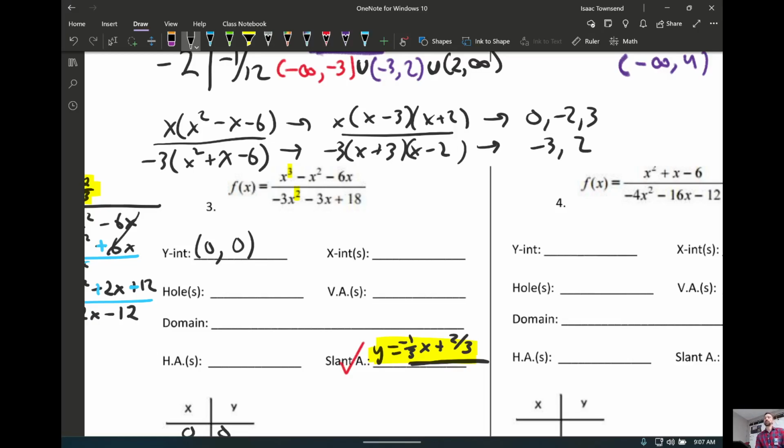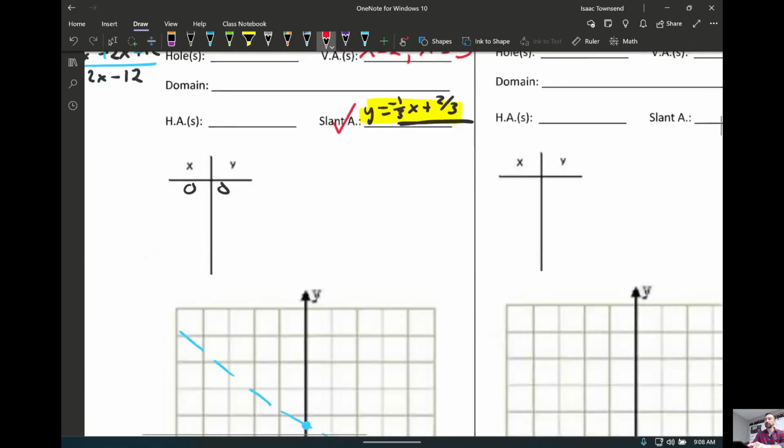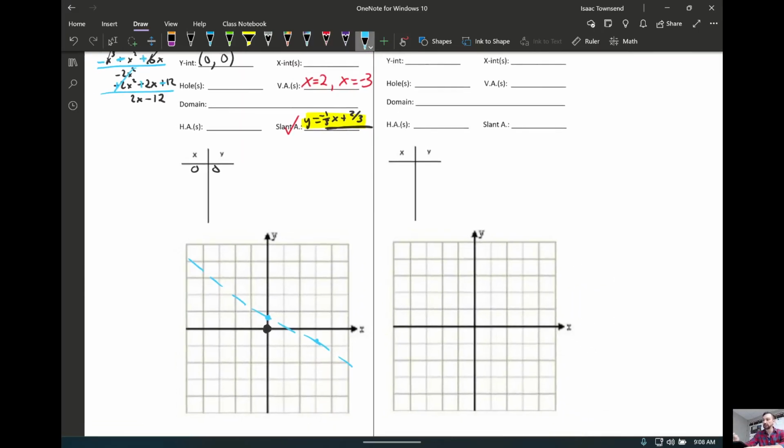Question 2, we didn't have to do any of this, so that made question 2 a little bit easier. But question 3, GCFs and factoring trinomials to determine that there's 2 numbers that make just the denominator 0. So those end up as vertical asymptotes. Any asymptote should be graphed on our graph as a dashed line. And as we saw from the front page, that actually does help us a lot with our graph.